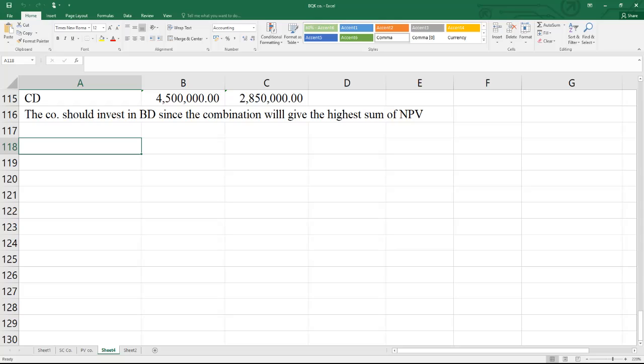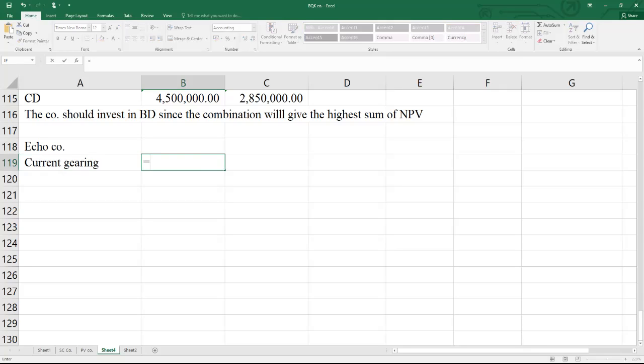The other companies have an average of 80%. Currently, this company has a gearing of how much? We need to do that. The company has equity of 20 and a note of 30. So the company's current gearing, for Eco Company, is the debt to equity ratio.